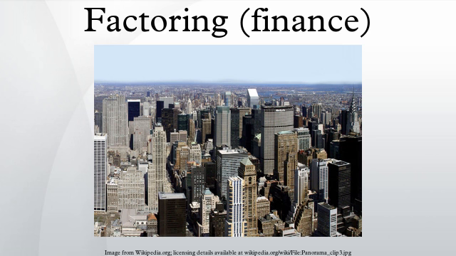Otherwise, the financial transaction is treated as a secured loan, with the receivables used as collateral. When a non-recourse transaction takes place, the accounts receivable balance is removed from the statement of financial position. The corresponding debits include the expense recorded on the income statement and the proceeds received from the factor.